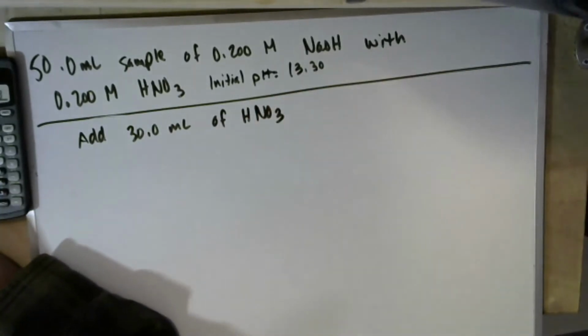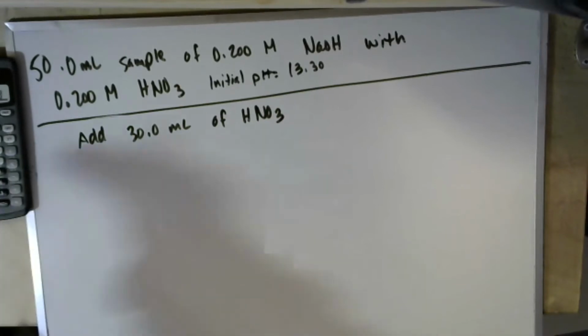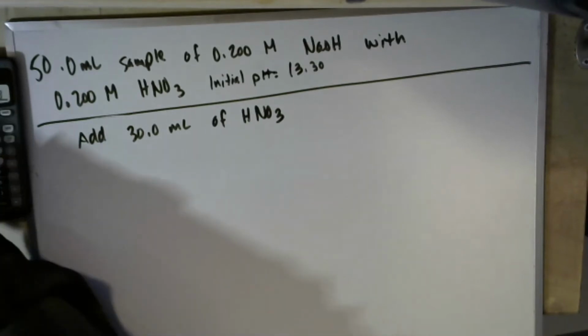Okay, so strong acid and strong base titrations are different than your weak acids and your weak bases because you're not going to be seeing any Ka or Kb values as part of your calculations.